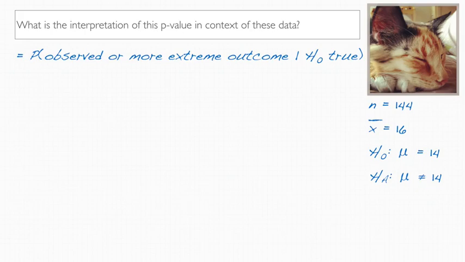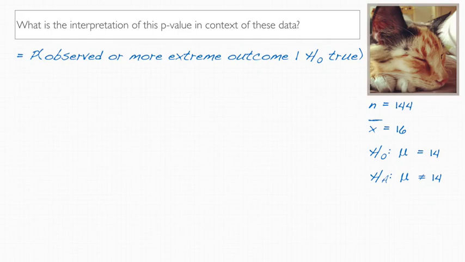Something more extreme could actually be in the positive direction, so 16 or greater, or it could also, remember, be in the negative direction as well, because our alternative hypothesis is two-sided. And to figure out where the cutoff value for the negative side of the distribution is going to be, we want to venture equidistant from the mean, as we did between 14 and 16.